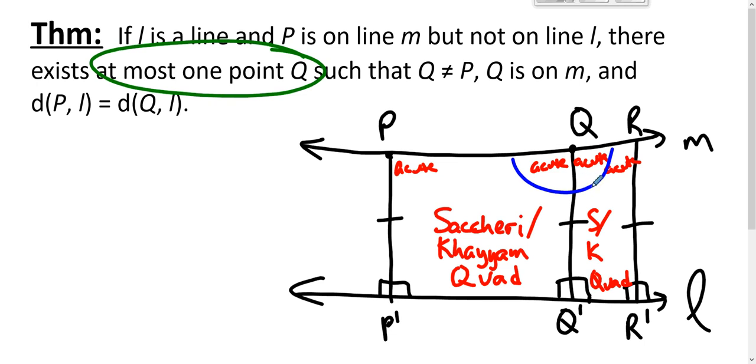This is a contradiction. Where did we go wrong? By assuming there was another point R that was the same distance from L that P is from L. So there can be at most one point Q that is the same distance from L.